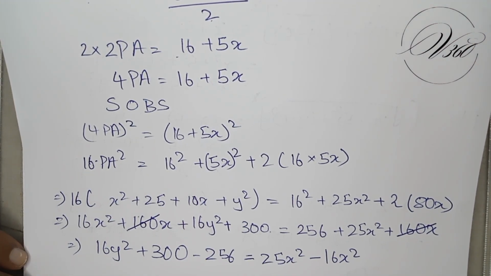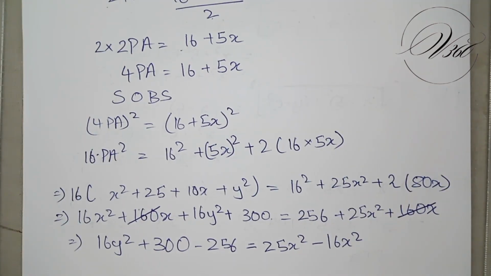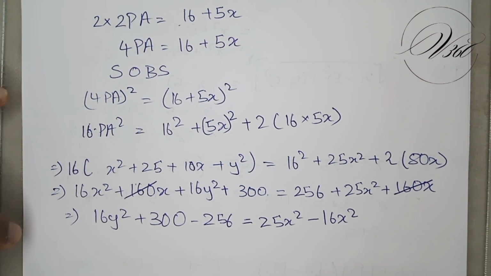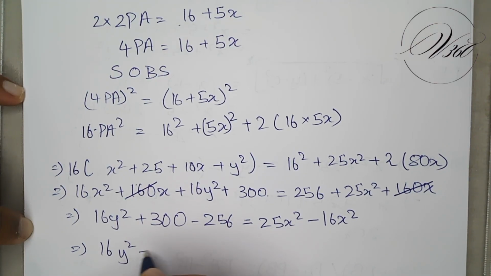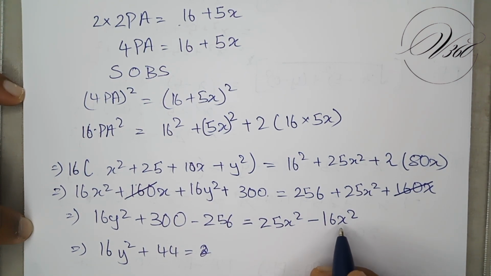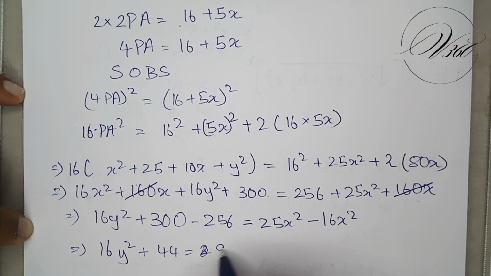Now here we'll get 16y square plus 44, which is 300 minus 256 is 44, which is equal to 25x square minus 16x square is 9x square.